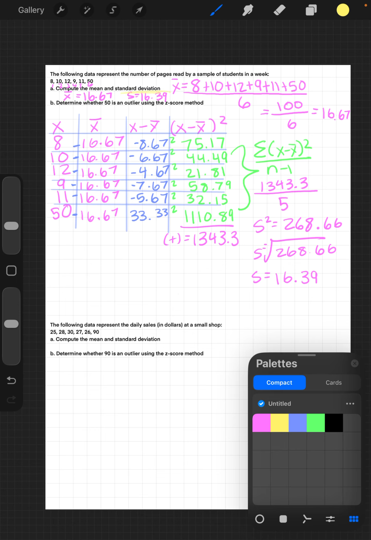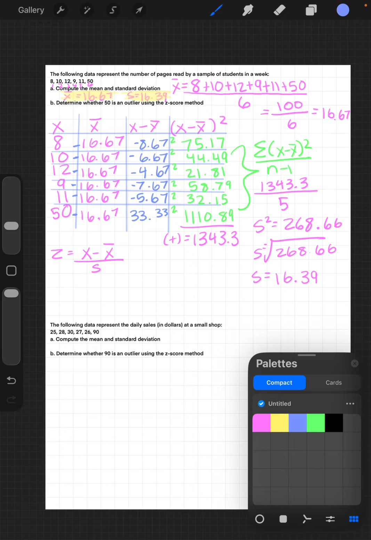And now we're going to use the z-score method to see if 50 is an outlier. So to find the z, it's going to be x minus x bar, over s.